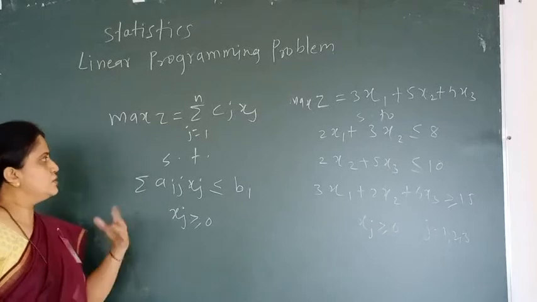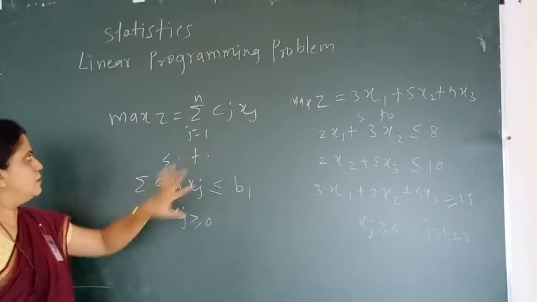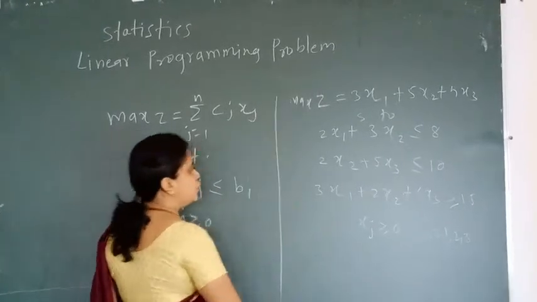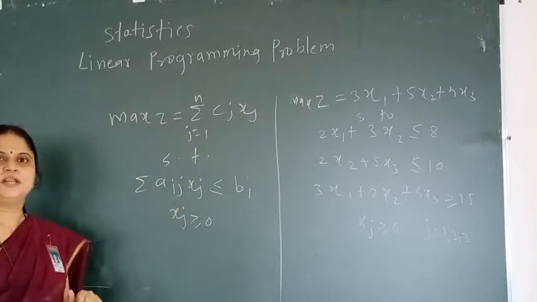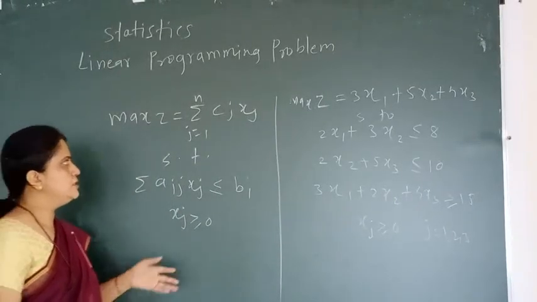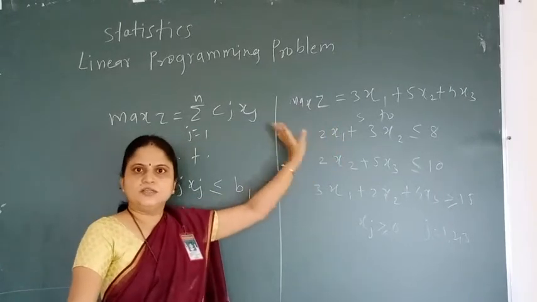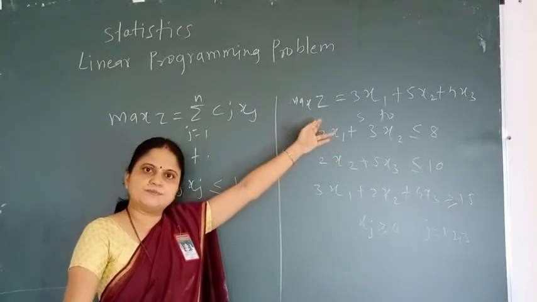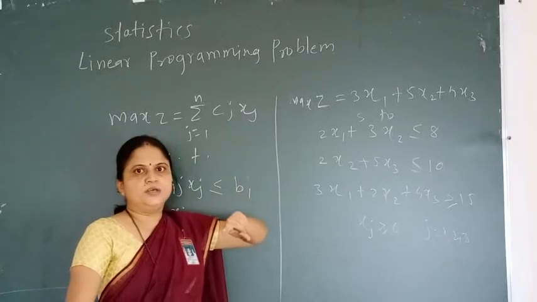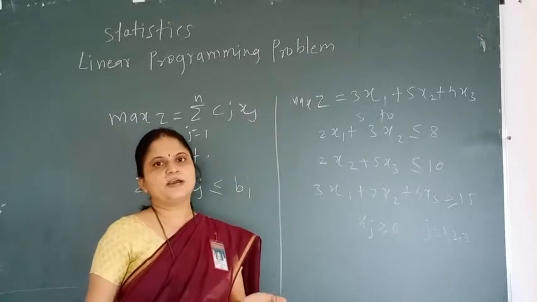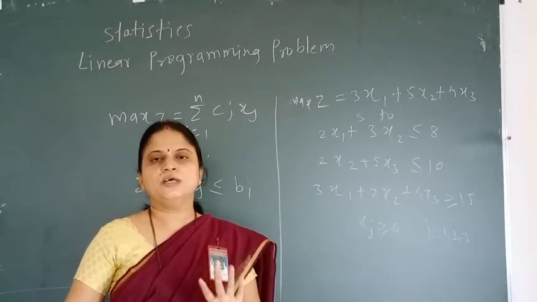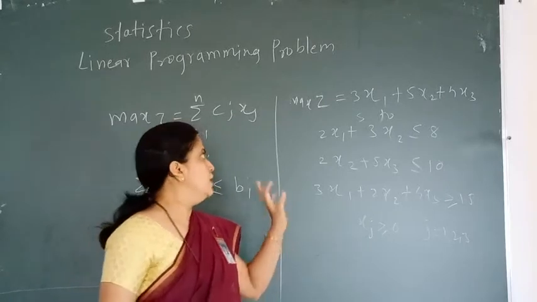Okay, so suppose I convert this problem to canonical form, how do I form it? If it is minimization, then I multiply this objective function by -1 so that it is converted to maximization type. Okay, that is the first step.